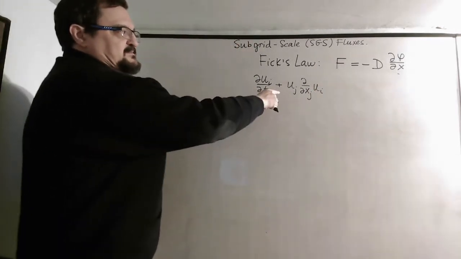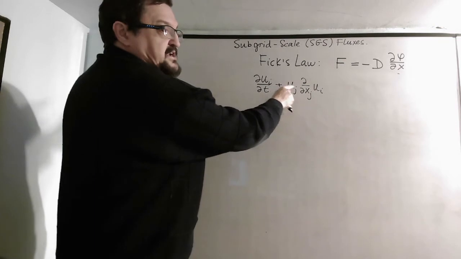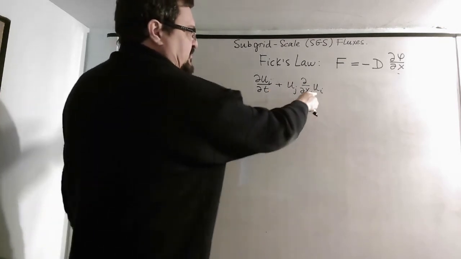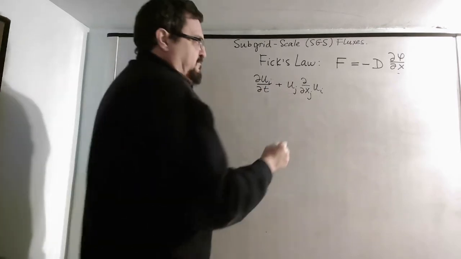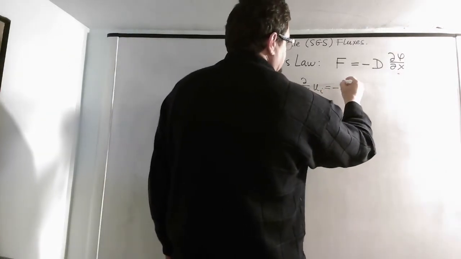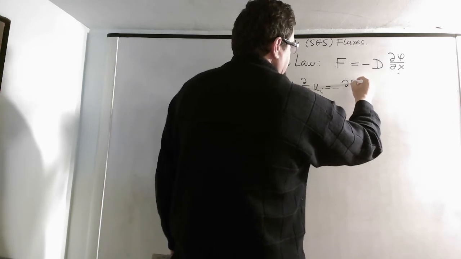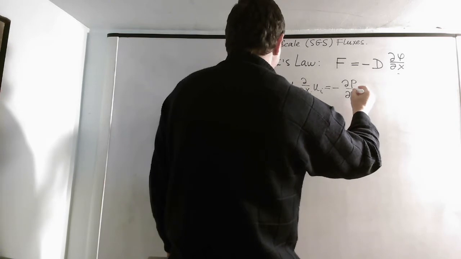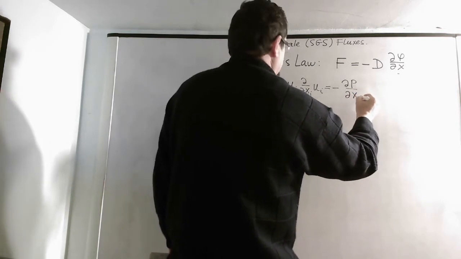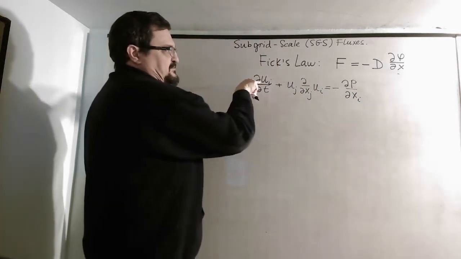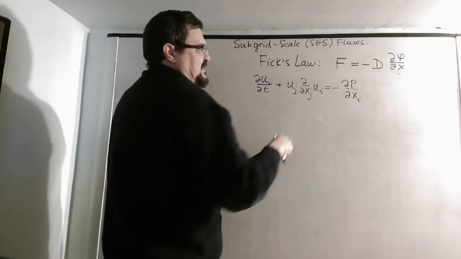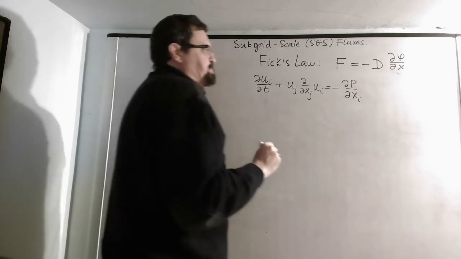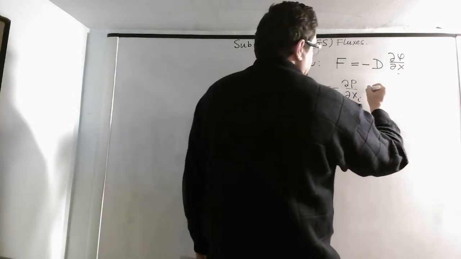This is advection. You see there is summation on the j index, j changes from 1 to 3, but there is no summation on index i. It equals minus dp over dxi. You see it's a gradient in the same direction as u, that's why it should be d/dxi. I assume that rho equals 1, it's an incompressible fluid.